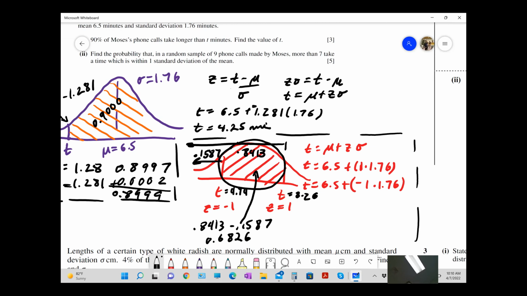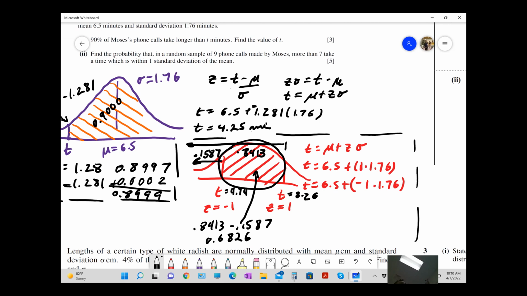Do we have 2 possible outcomes? Well, the probability of taking a time which is within 1 standard deviation of the mean, so within those 2 time frames I stated. That's the probability.